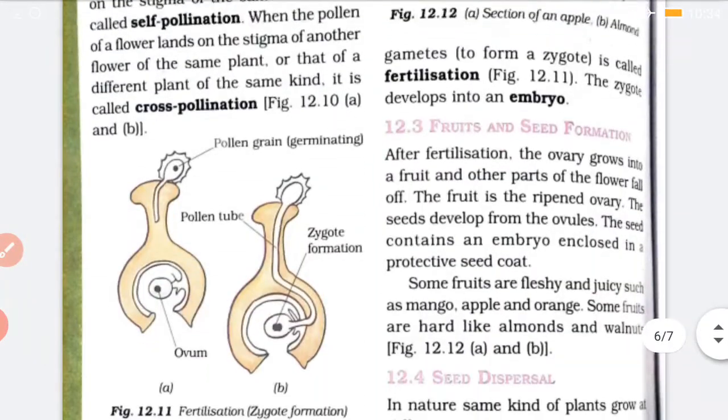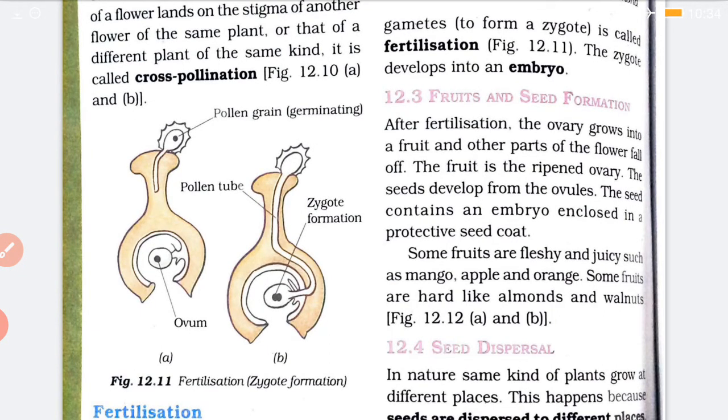Means जो ovary पूरी तरह से develop हो गया है, that is the fruit. And the ovules will develop into the seeds. See, it is written here, the fruit is the ripened ovary and the seeds develop from the ovules. And after the fruit has been developed, whatever part of the flower is left, it falls down.